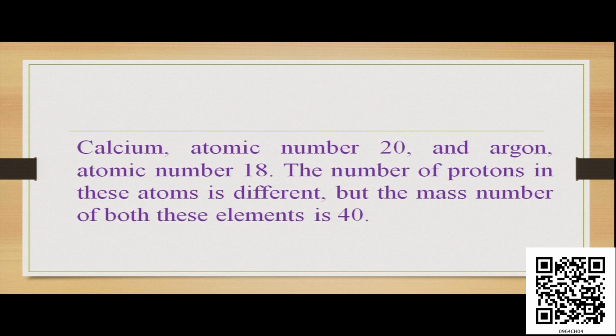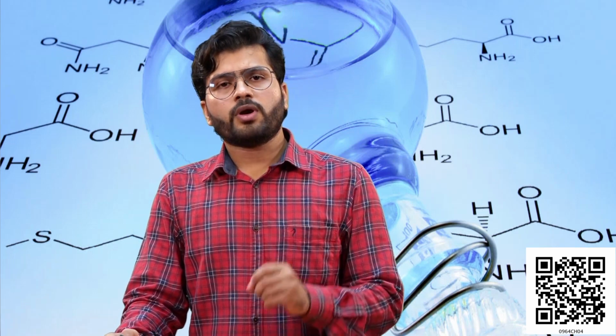As you all know, the atomic number of calcium is 20 and the atomic number of argon is 18. But for both atoms, the mass number is the same, that is 40. That means if you subtract 40 minus 20 in the case of calcium, it gives that the number of neutrons is 20.